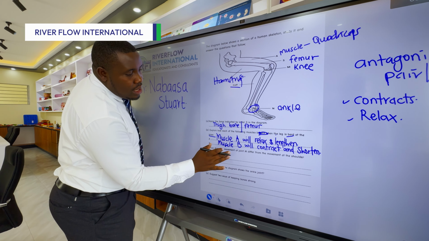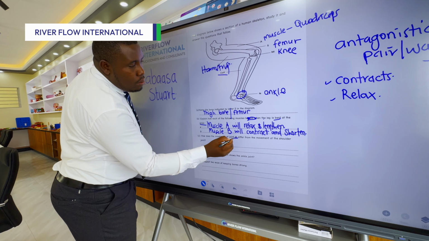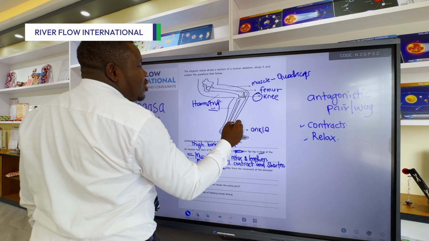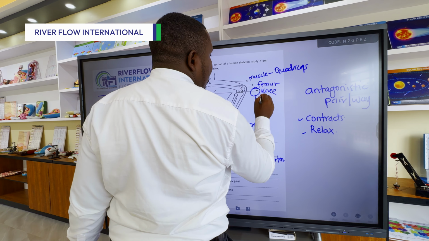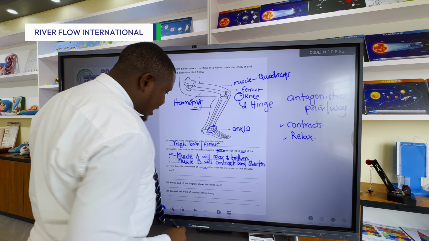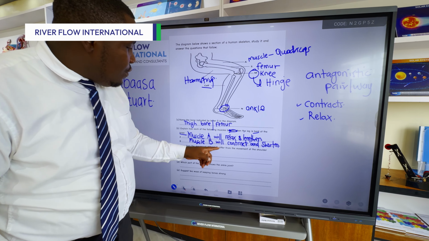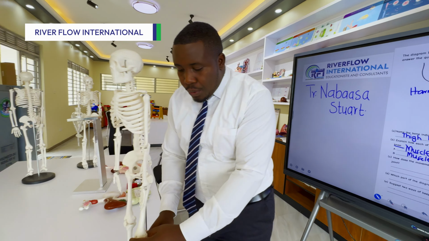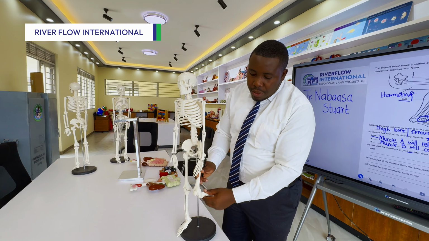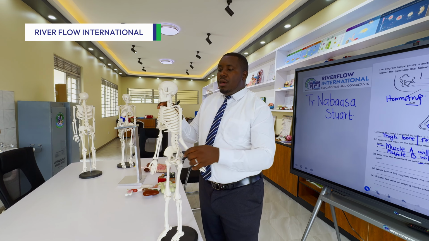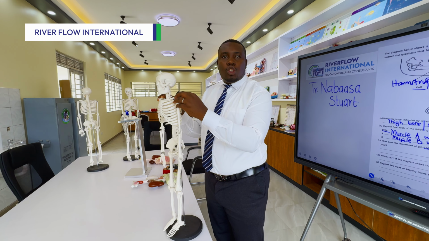How does the movement at joint M here, this is the knee, where we have a hinge joint, differ from the movement at the shoulder? So they want us to compare how the movement at this joint is different from the joint at the shoulder.